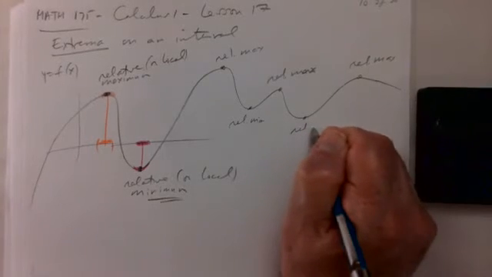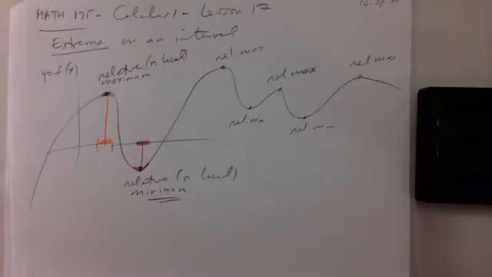This is a relative minimum, and so forth. So a function can have many relative maxima and many relative minima, either on the whole line or even if it's only defined on an interval.